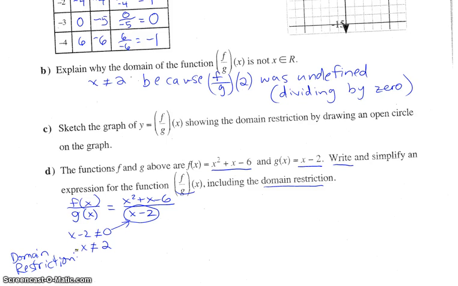Now, let's go back to what they're talking about with simplifying. Do you see anything that we could do here to simplify that? Notice the numerator has an x squared plus an x minus 6. We may be able to factor that. So a couple sets of brackets. x times x gives us x squared.